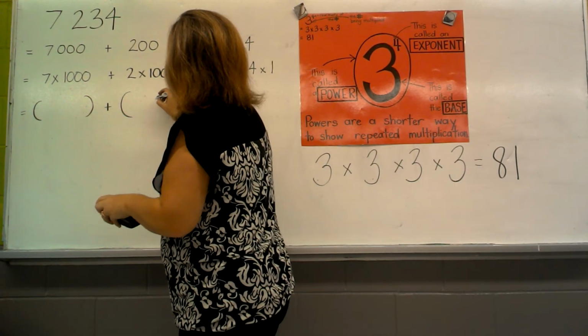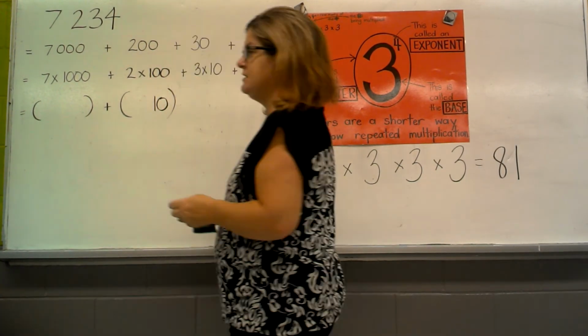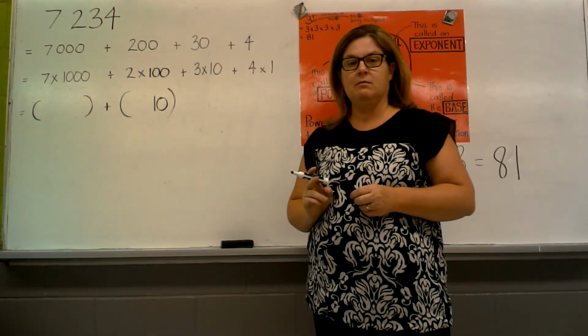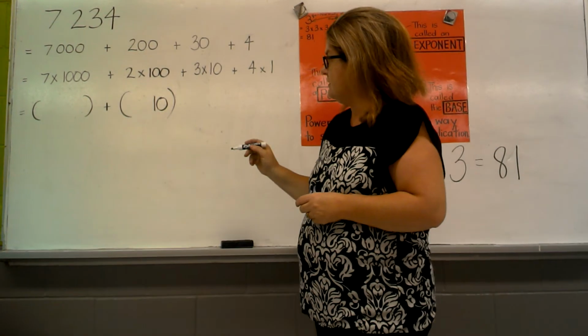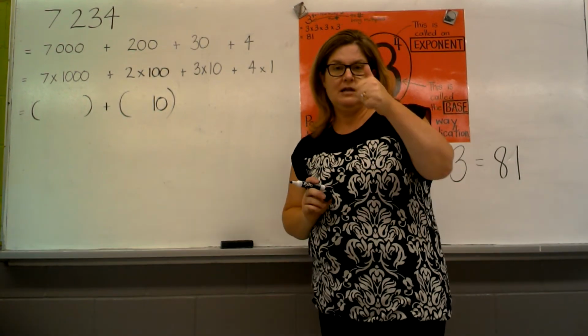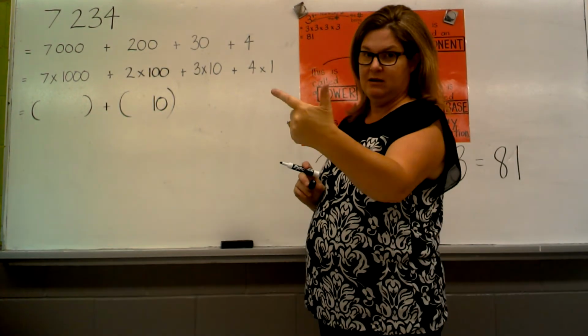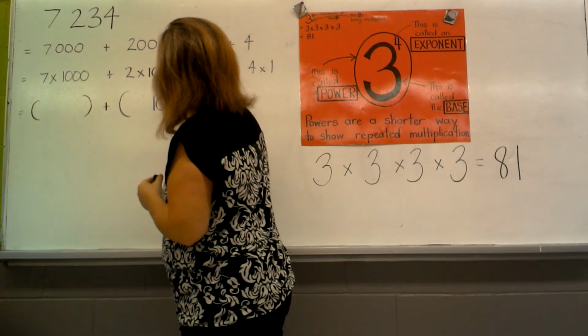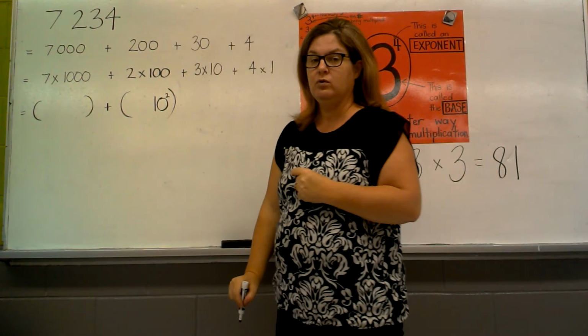And if you had to think to yourself right now, if I had to take the number 10 and multiply, how many times would I multiply to get 100? And so I would take 10 times 10, which is 2 of them, and I would get 100. So I can put the exponent of a 2 up there.